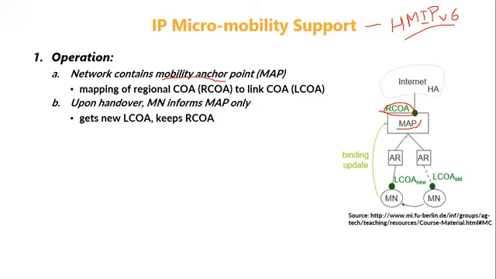There are many access routers. AR represents access routers. The access routers define the boundary of the MAP, the mobile anchor point, by advertising the MAP information to the attached mobile nodes.